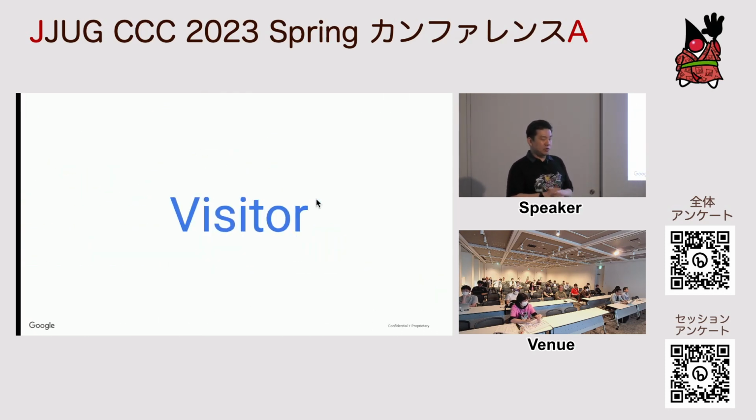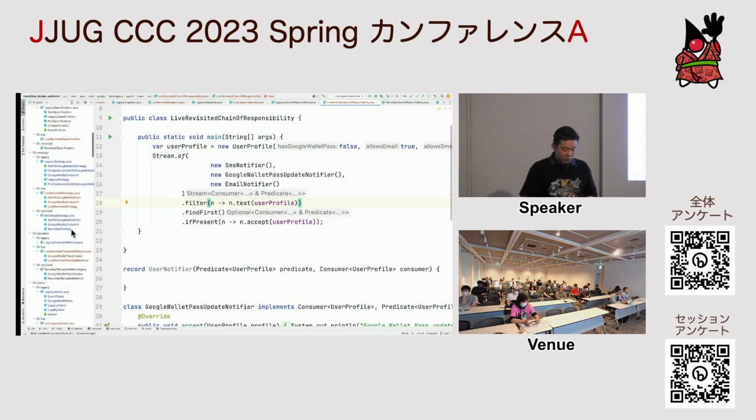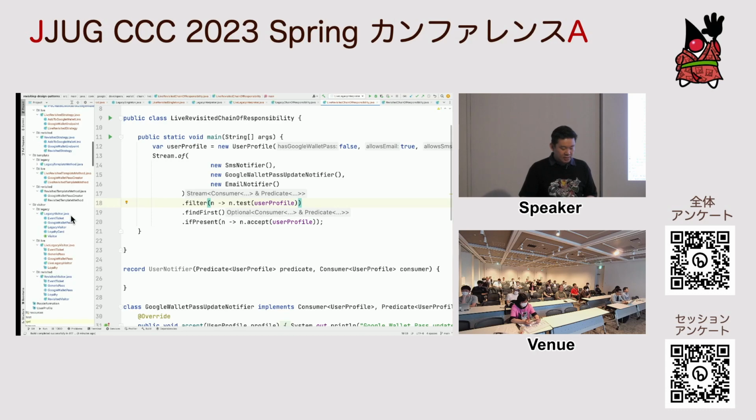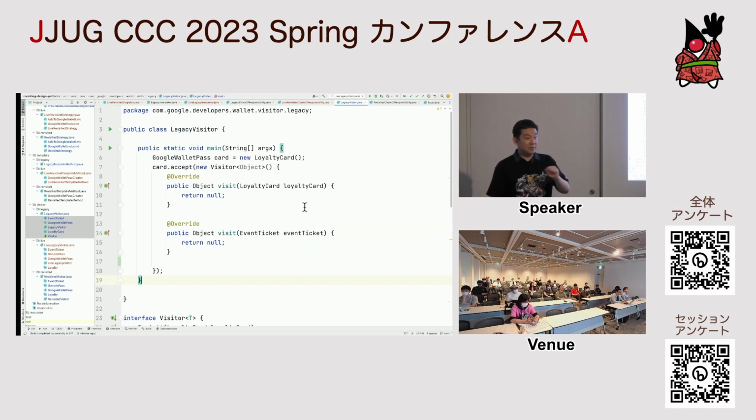Next one, Visitor. Visitor is a very interesting one because it's one of the most complicated design patterns. Actually, when I first learned about the visitor, the next day I went to the office and tried to find somewhere in the code to use the visitor, just to show my colleagues that I was smarter than them.